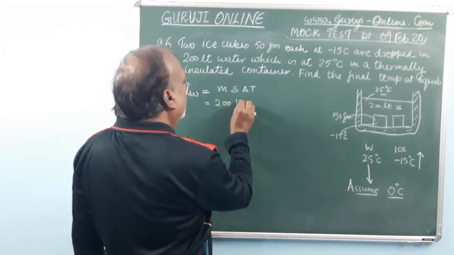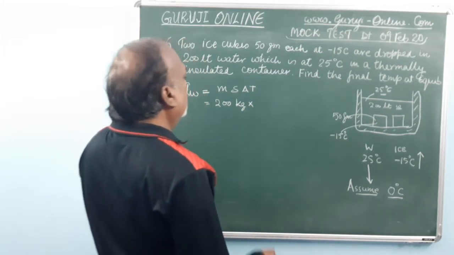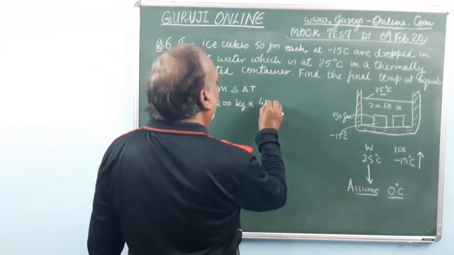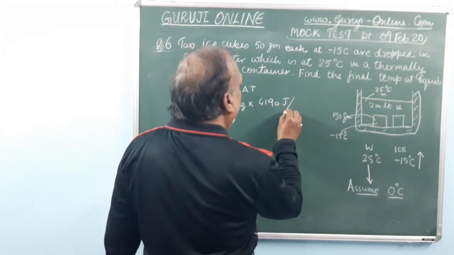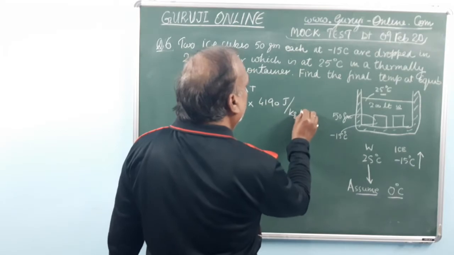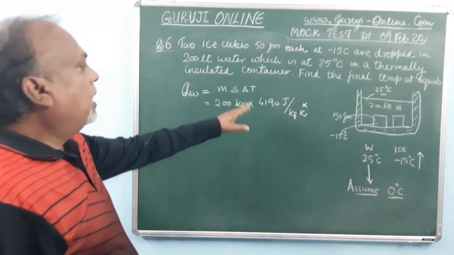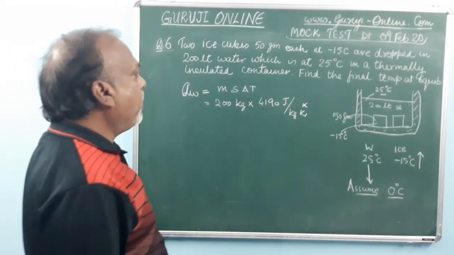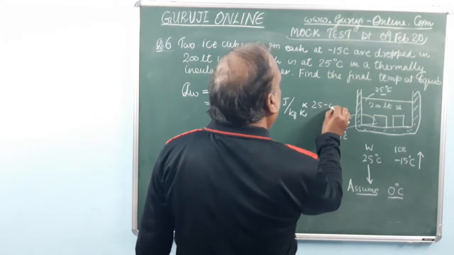We can write it as kg also. Specific heat of water is 4190 joule per kg Kelvin into delta T, which is 25 minus 0.